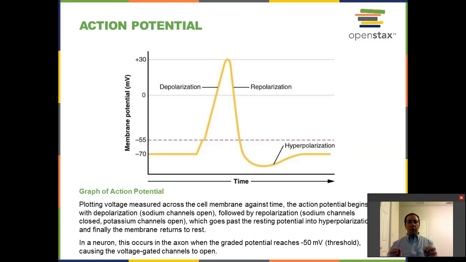There's absolutely no way that neuron can fire again. We go from the absolute refractory period to the relative refractory period. It's called the relative refractory period because it can fire again. It's just harder to make it fire again.